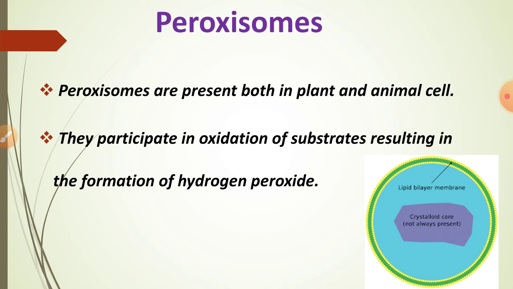Oxidation means any element that reacts with oxygen to give a new product. For example, iron reacting with oxygen gives rust. In the same way, oxidation means any element combined with oxygen gives a new product. That process is called oxidation.